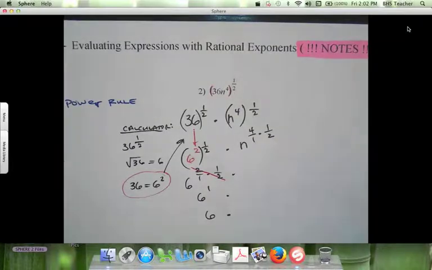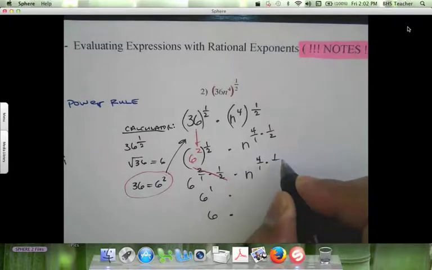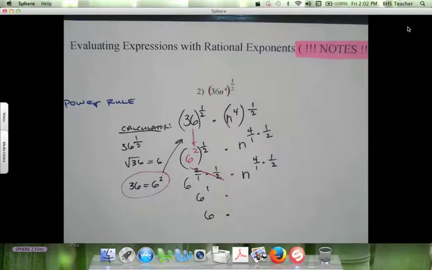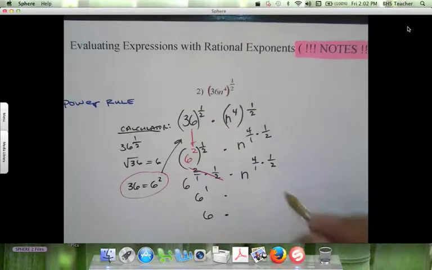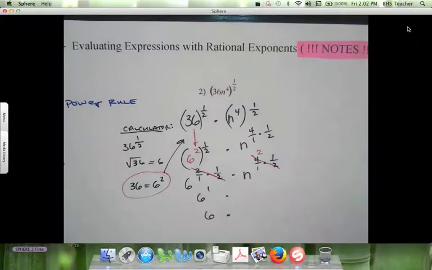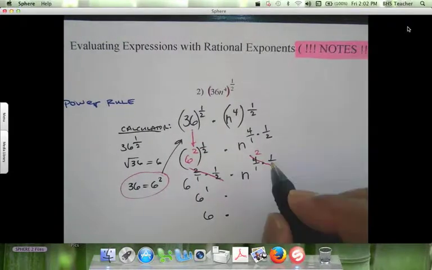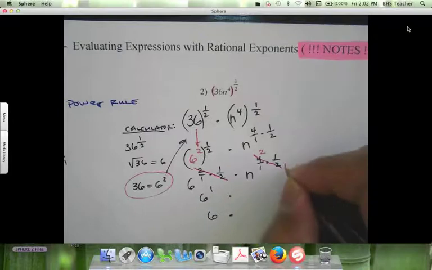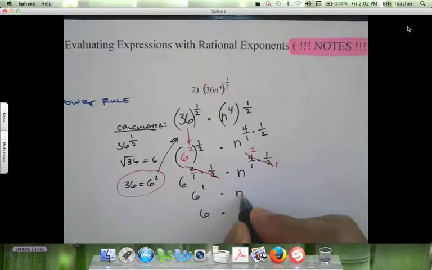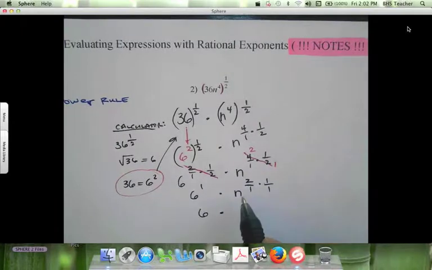You look there, see if they divide out. They don't divide, but they simplify. 4 divided by 2, you just get 2. So you got n to the 2 over 1 times 1 over 1. Well, that's just 2 over 1, which is 2.